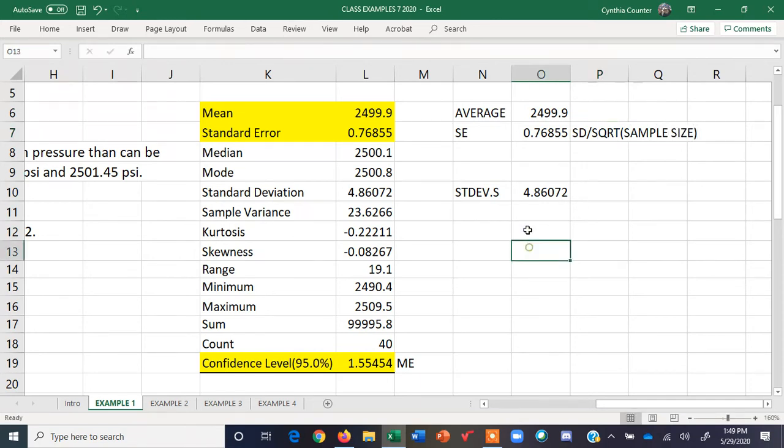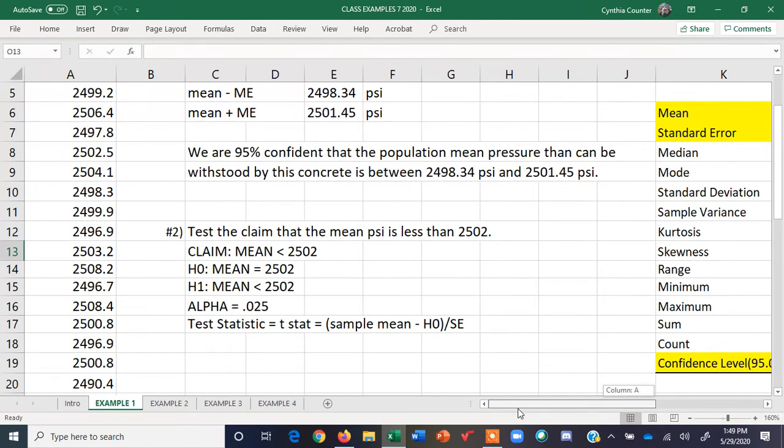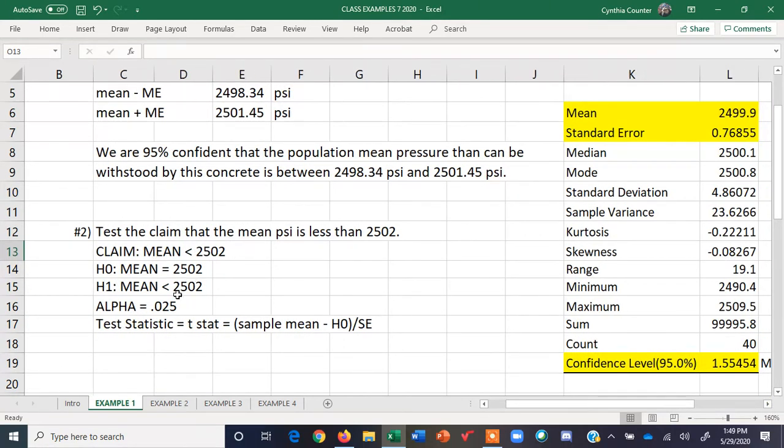So you can always find the standard error and the sample mean by using the formulas AVERAGE and STDEV.S, and then taking that standard deviation and dividing by the square root of the sample size to get the standard error. But since we have this output, we can do it much faster and simply use the output and the value in our null hypothesis to compute our t-stat.